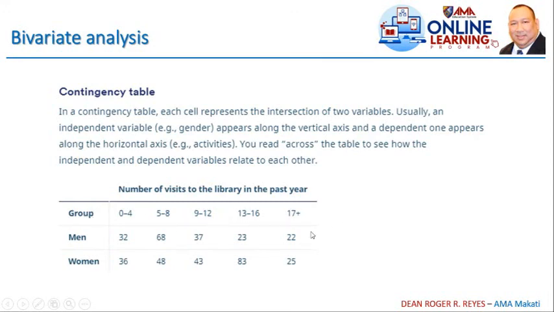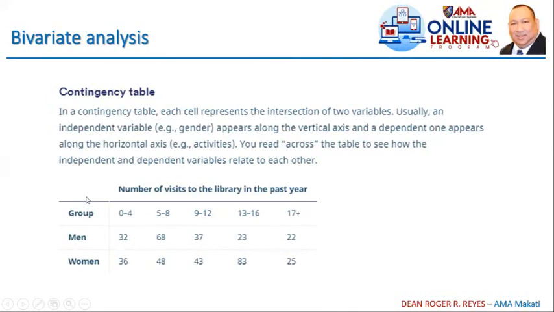So, ang groupings niya ngayon ay 0 to 4, 5 to 8, 9 to 12, 13 to 16, tsaka 17 plus. At dito, men and women. So, in the intersection, let us see, for men, ito ang individual frequency from 0 to 4, 5 to 8, 9 to 12, 13 to 16, 17 plus.